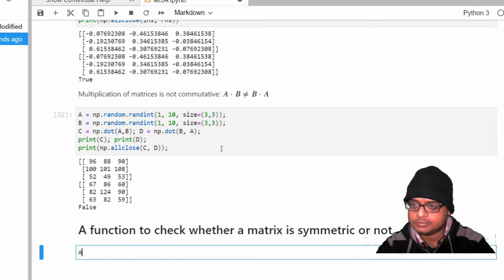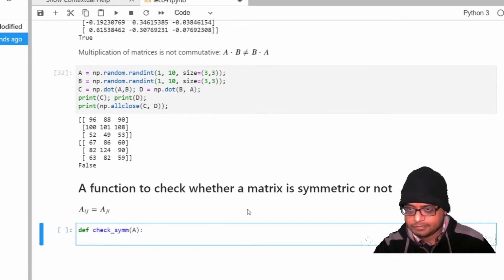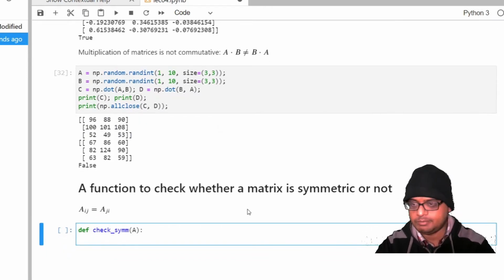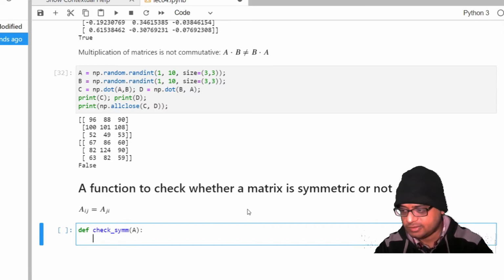So if a matrix is symmetric, then swapping the two indices makes no difference. So let us define a function called check sym, and it will take as input an array, a matrix A. Inside this we'll simply check whether the transpose of A is equal to the matrix itself.